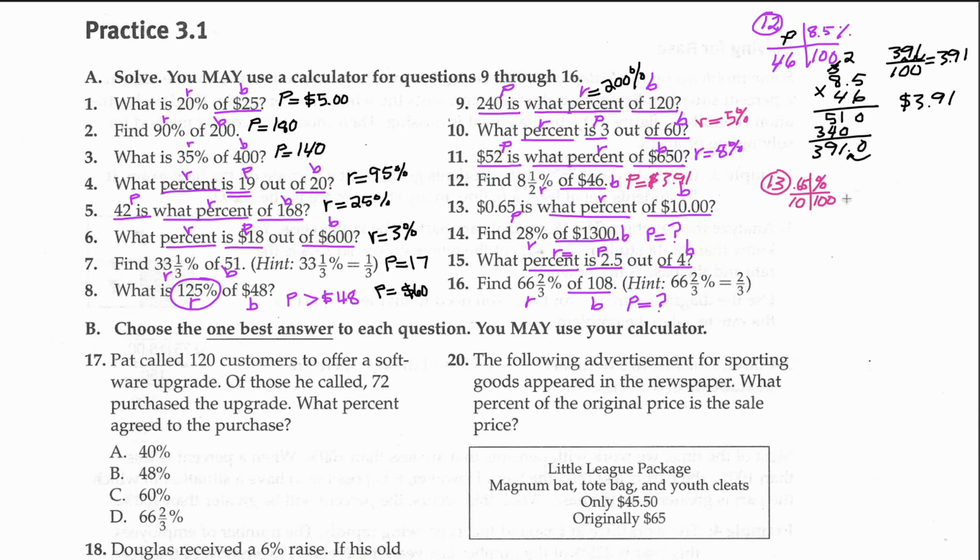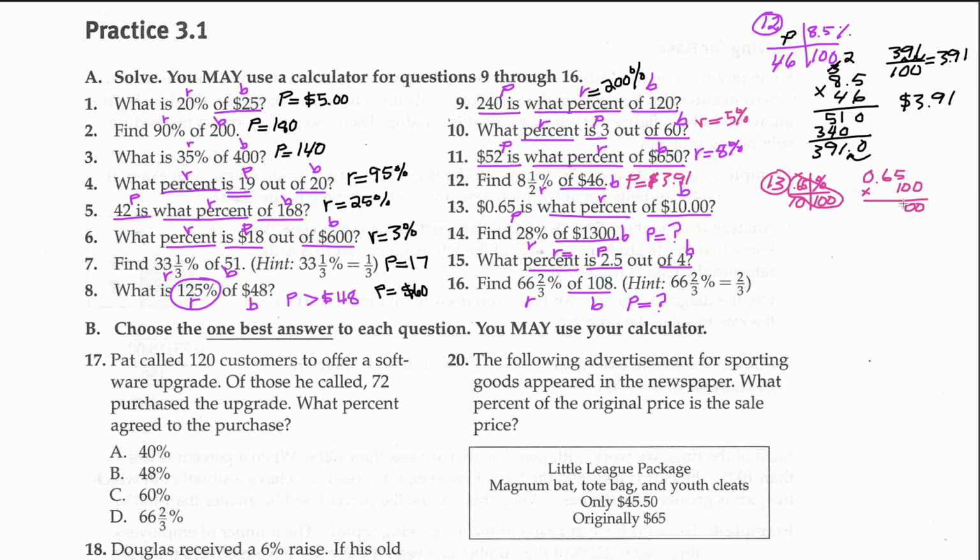Okay, so to solve for the rate, we need to multiply 0.65 by 100. So put 0.65 here, multiply by 100. So I'm going to do my way, and I'm moving the 2 zeros out because I don't need to multiply by those 2 zeros. I just need to drop down the 2 zeros.